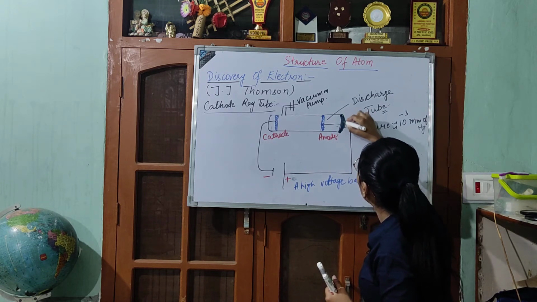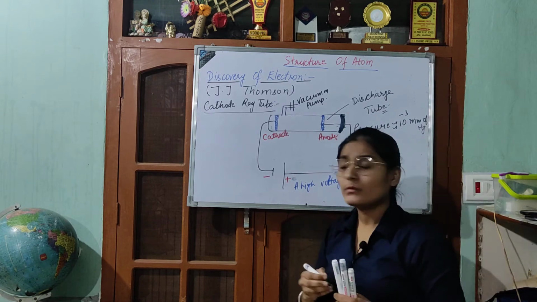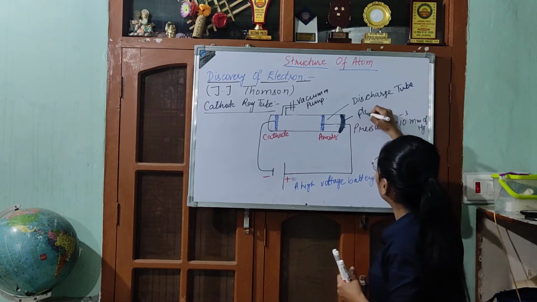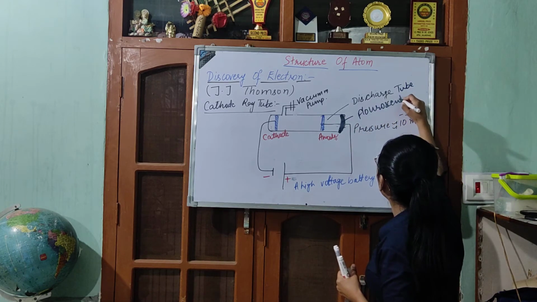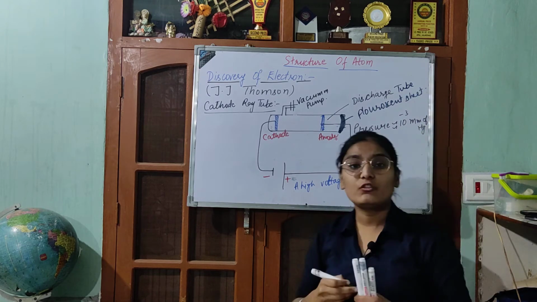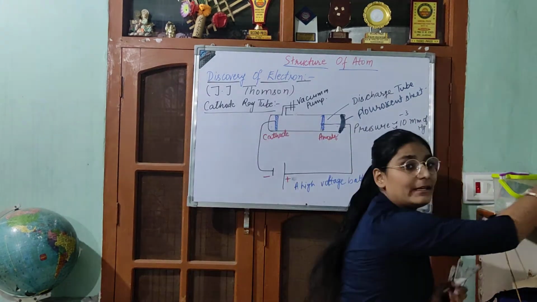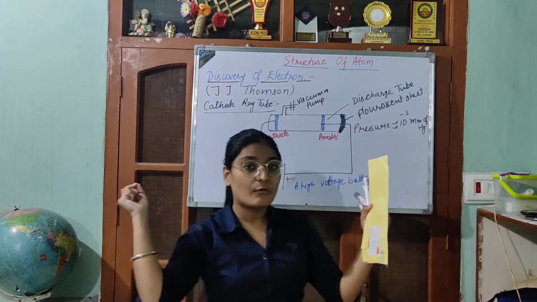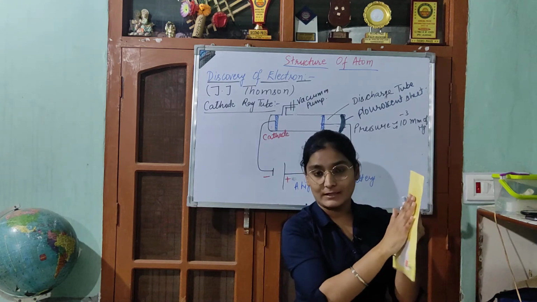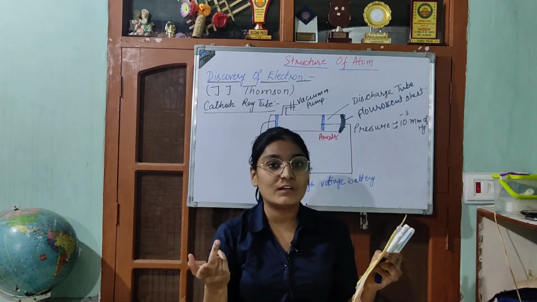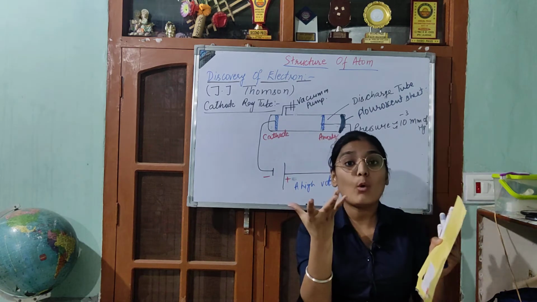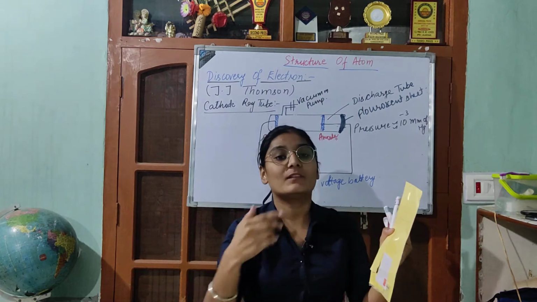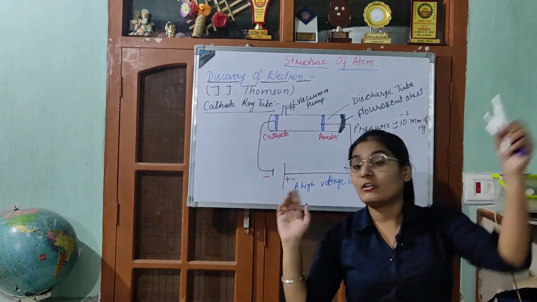It is a type of material that glows whenever some kind of particles or rays strike it. It gives some kind of colors when rays or particles strike it.